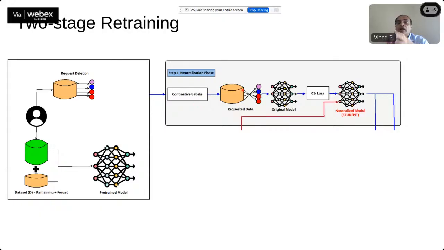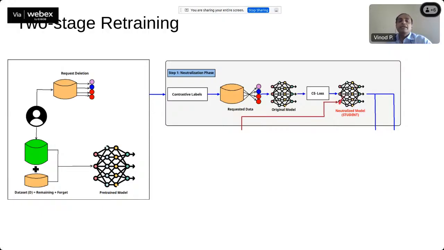For all sensitive data points, you basically shuffle the labels. Then you take your original model and perform some unlearning so that you get a new model which does not have the information corresponding to the original data point that you want to forget.